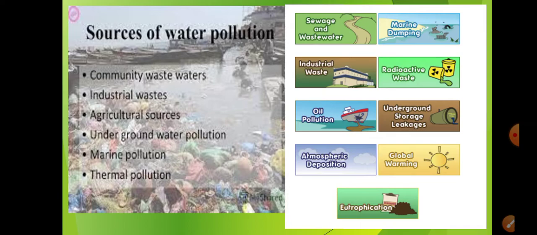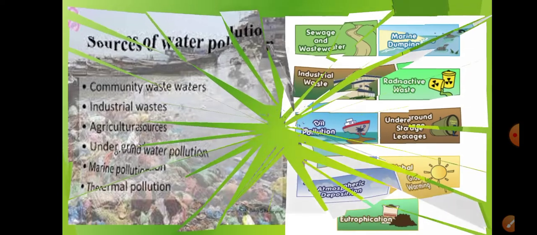Also the water body becomes unfit for some animals to live, because these plants are taking the entire upper part of the water body, which makes it very difficult for other living organisms to survive there. So that is eutrophication.